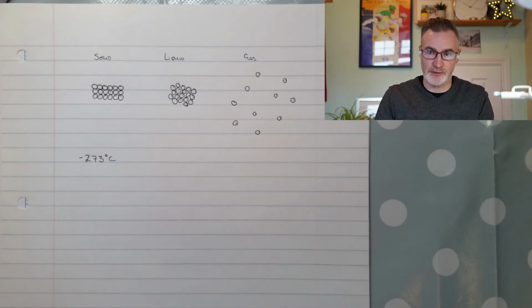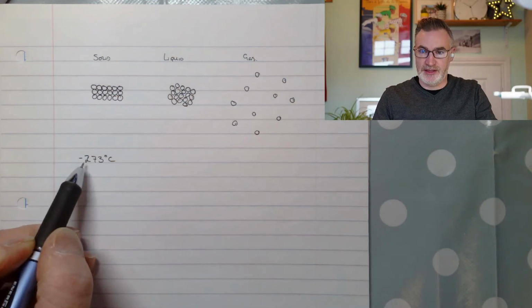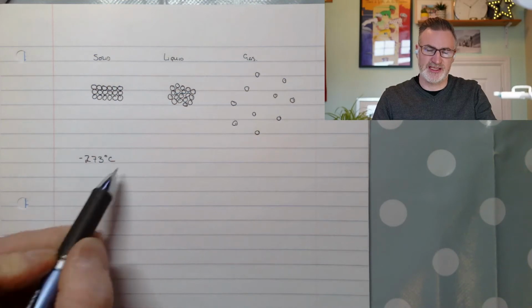That's the lower floor. You can heat things up as much as you want, but the coldest temperature that is possible is minus 273 degrees centigrade, and that seems like a bizarre number.